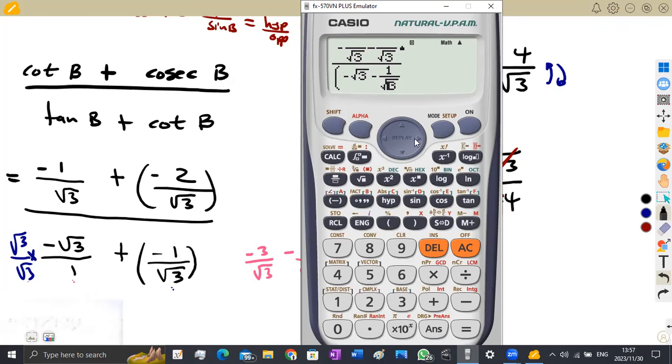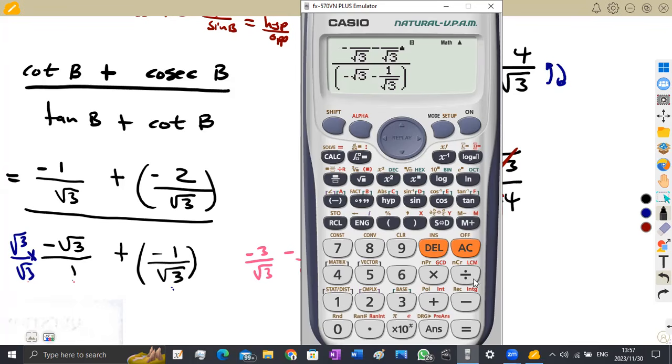But anyways, let us try to assist our calculator. We're going to put a bracket there. All right, here. No. My calculator, I don't know why it is that slow. I don't know what's happening with this software, guys. But it's supposed to give me a bracket here.